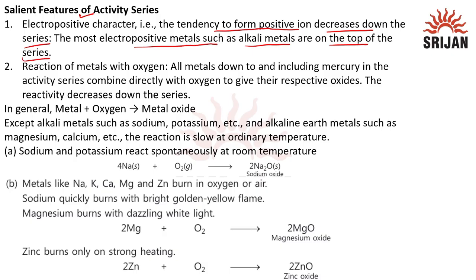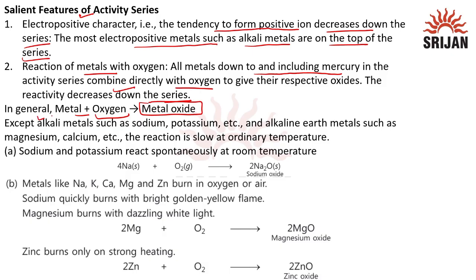The second salient feature is the reaction of metals with oxygen. All metals down to and including mercury in the activity series combine directly with oxygen to give their respective oxides. The reactivity decreases down the series. In general, a metal when reacted with oxygen forms the metal oxide.